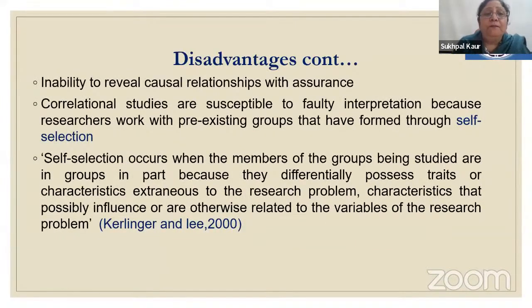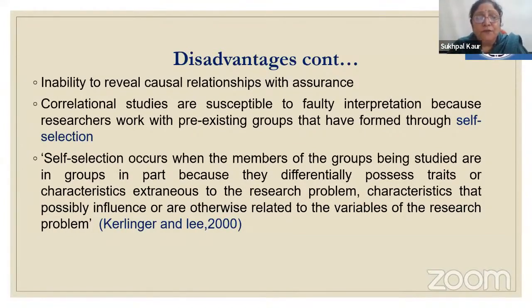There could be a problem in establishing the causal relationship with assurance in these types of studies. Correlation studies might be susceptible to faulty interpretation of researchers' work with pre-existing groups that have formed through self-selection, especially in case control studies.